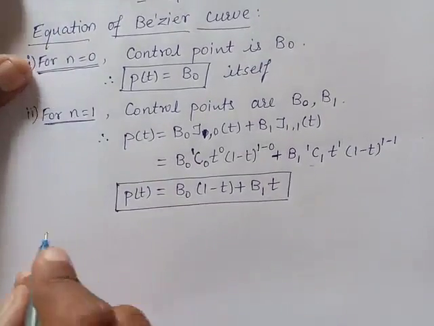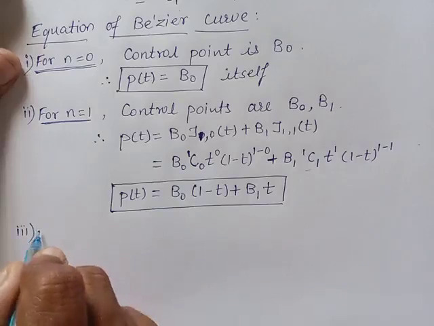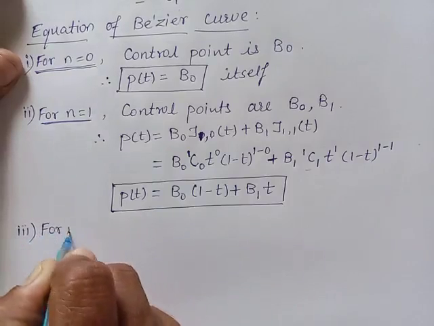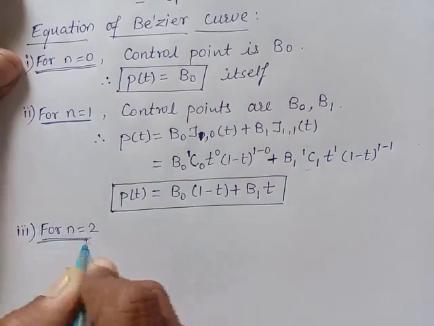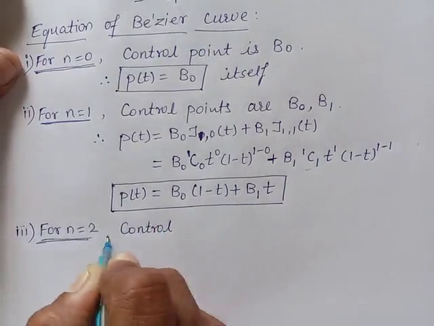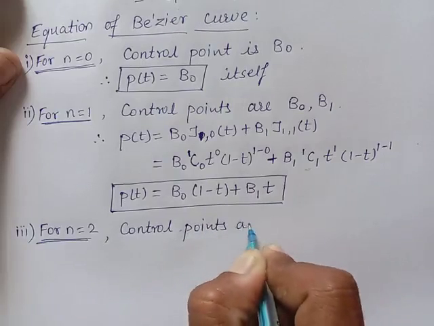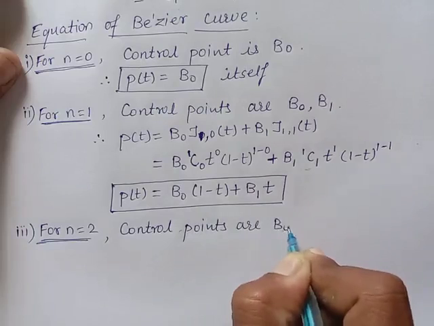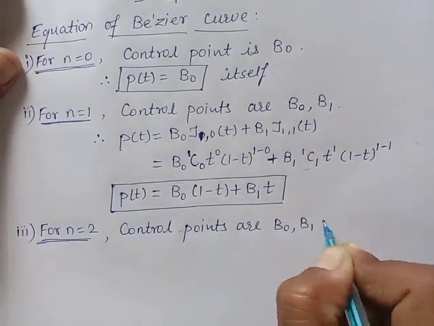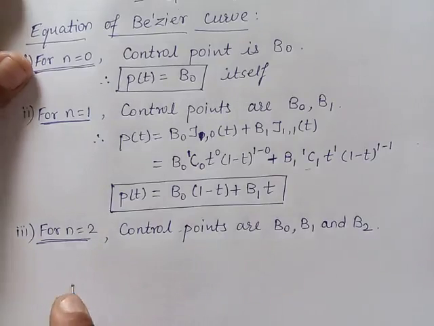Now for n equal to 2. How many control points are there? Control points are 3: B0, B1 and B2.